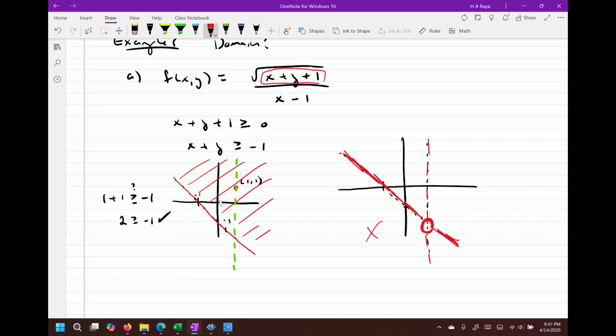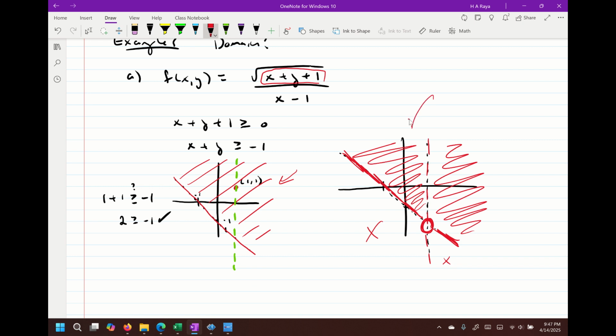The top left is included. The top right is included. And what about the bottom right? What about this region down here? That region is not included. So ultimately, my domain consists of all of these points in this region and all of those points in that region.